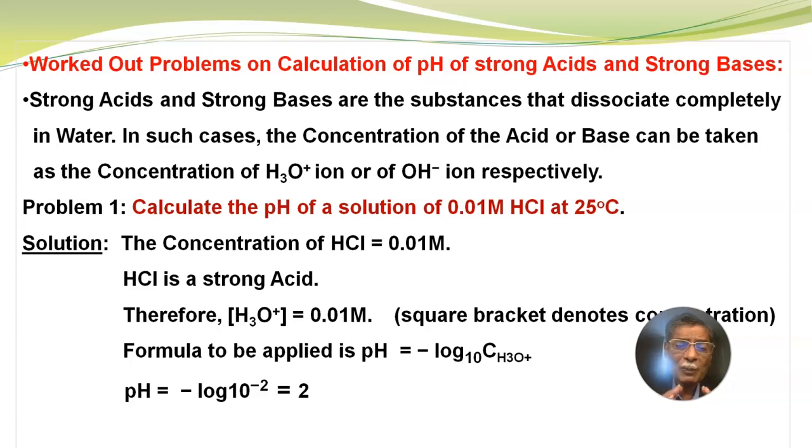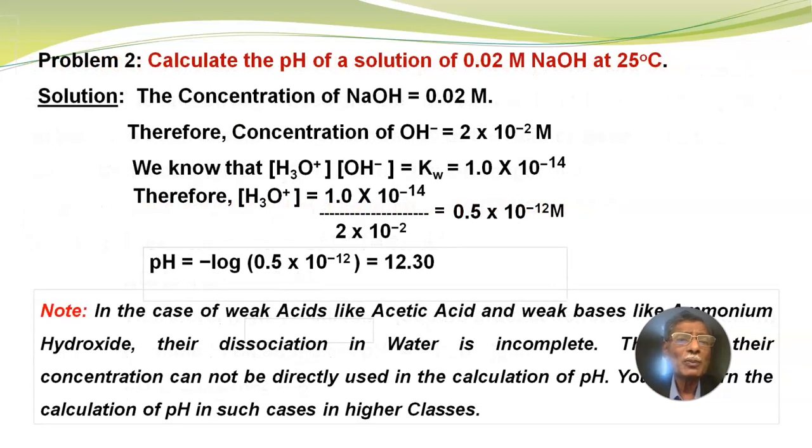The formula to be applied is pH is equal to minus log [H3O+] to the base 10. Therefore, pH is equal to minus log 10 to the power of minus 2, that is equal to 2.